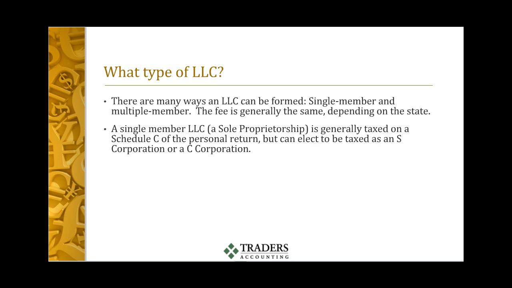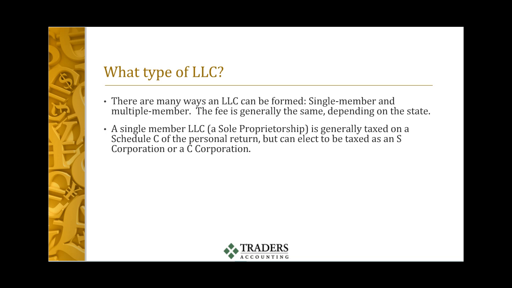A single member LLC, also a sole proprietorship, is generally taxed on a Schedule C of the personal return. So on your 1040 that you file every year, there's a place, even though you may not be filing it, for your Schedule C. By the way, this is where the expenses would be deducted if you're an individual trader.